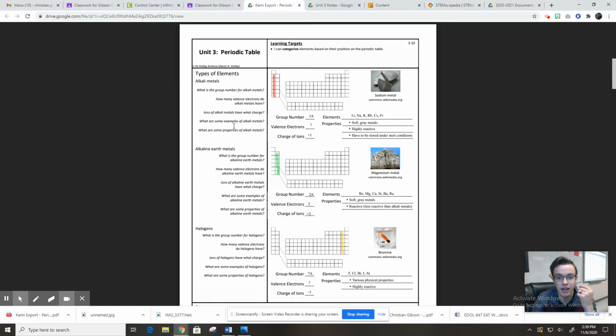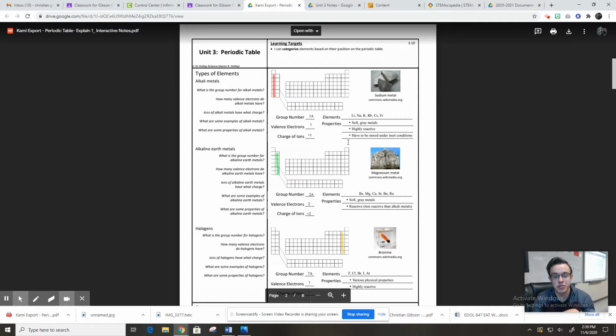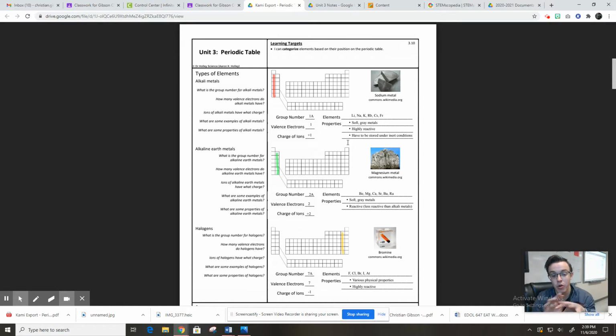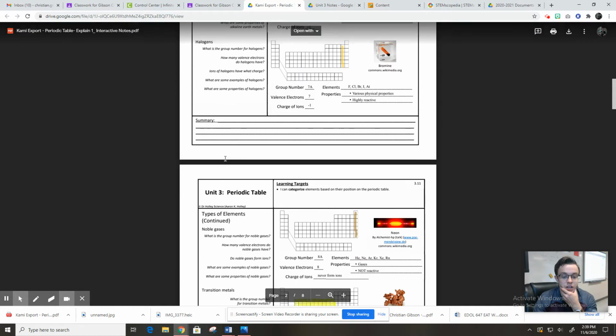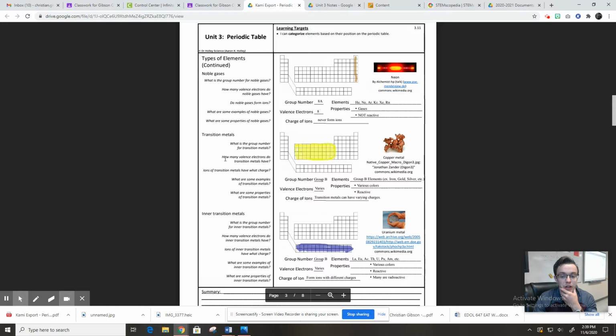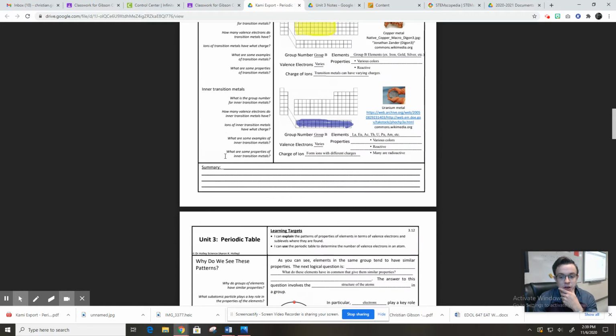Instead of just giving you all this information to copy and paste, I'm giving you all the information already there, and we're using the questions in the margin to help you pull out the information that you need. Having you actually recall the information is, I think, going to be more beneficial than having you just copy and paste it.